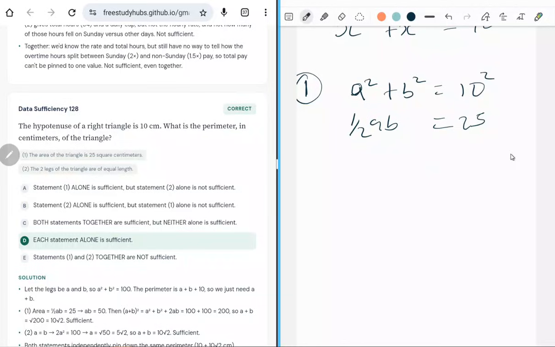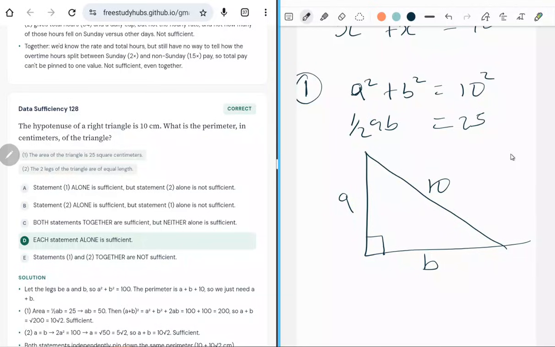Statement 1, the first equation, a squared plus b squared equals 10 squared, is what the question already stated. Remember that it said the hypotenuse, this is the triangle here. This place is 10, and this place is A, and this place is B. So a squared plus b squared equals 10 squared. That's a right angle triangle, so it's a rule, Pythagoras theorem.